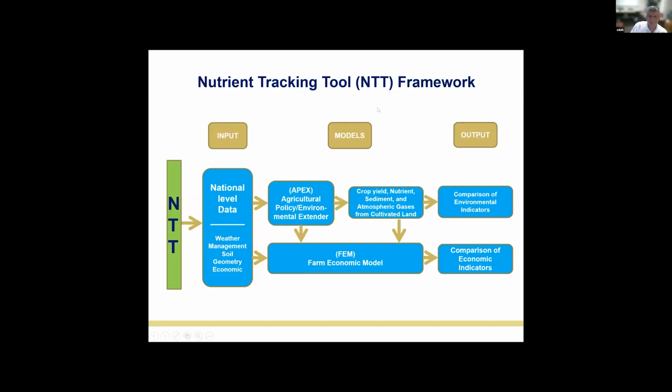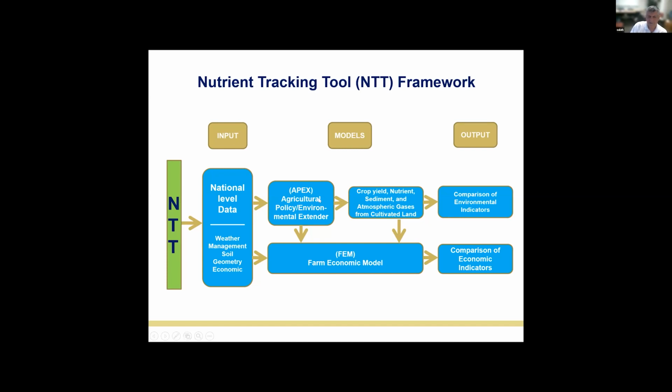And here is the Nutrient Tracking Tool framework. We have an input section, which is the national level data. I will explain a little later where the sources are, but the soil, for example, comes from the soil survey, SSURGO, and we get the weather from PRISM data for every 4 kilometers, so every farm has its own weather coming to it. Then there is the economic data that Dr. Osei has provided to us to run this model.